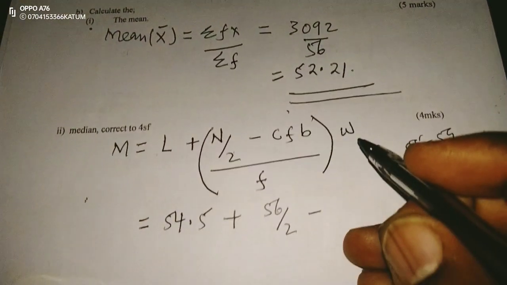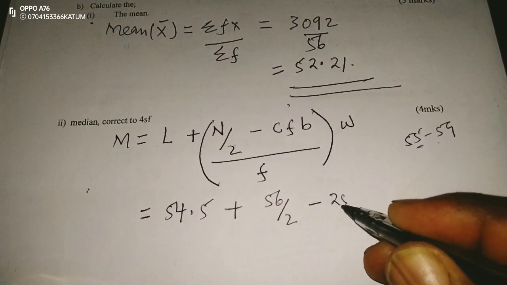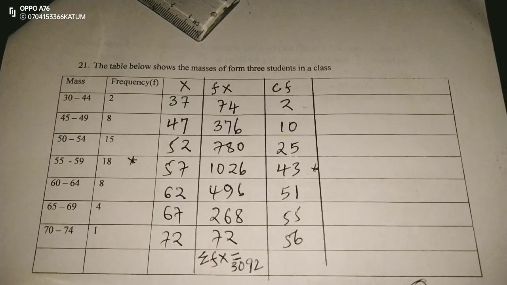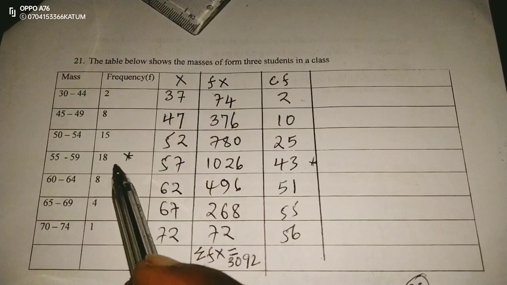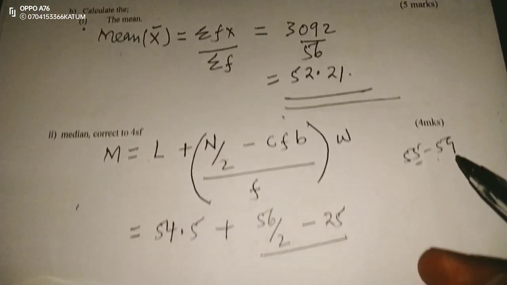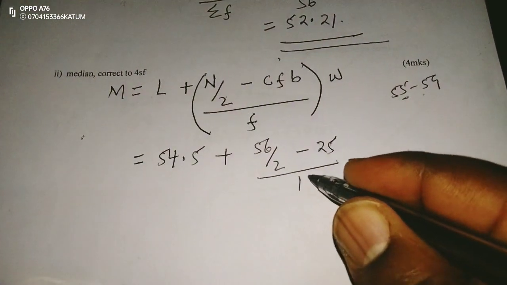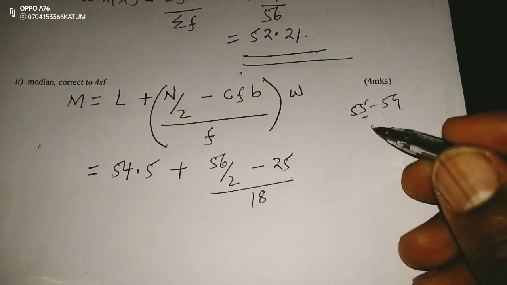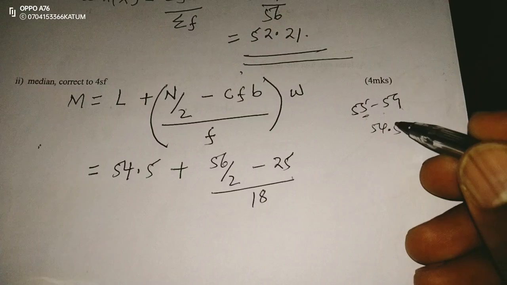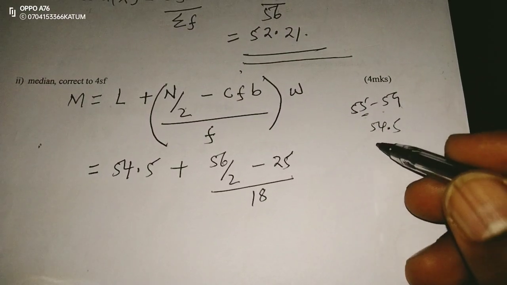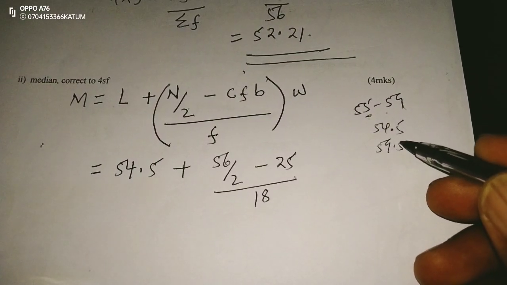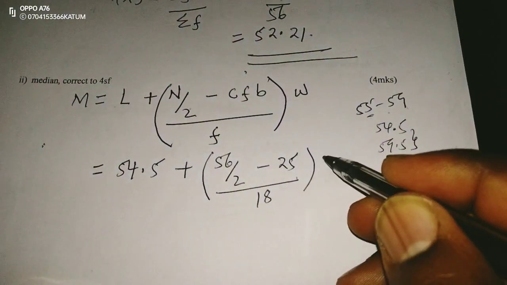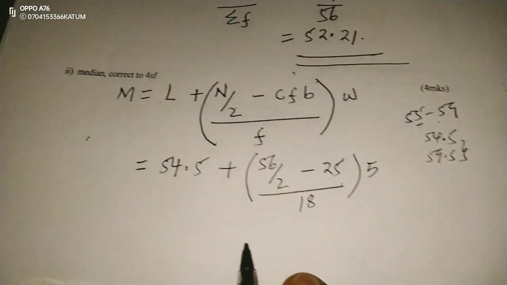So we pick 25 out of the frequency of this class. The median class has a frequency of 18. Now the class from 55 to 59 with a lower boundary of 54.5 and an upper boundary of 59.5, the class width is going to be 5. So we multiply this by 5.